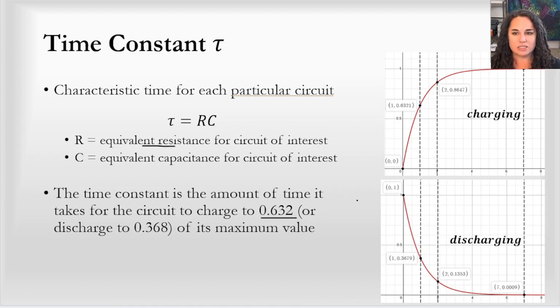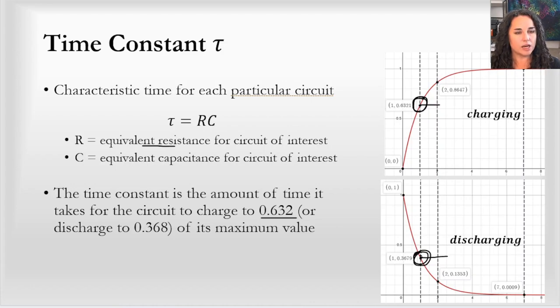That's what a time constant is. So we're looking at this point here or this point here. Okay. It has either charged to a certain value or discharged to a certain value after a time constant.